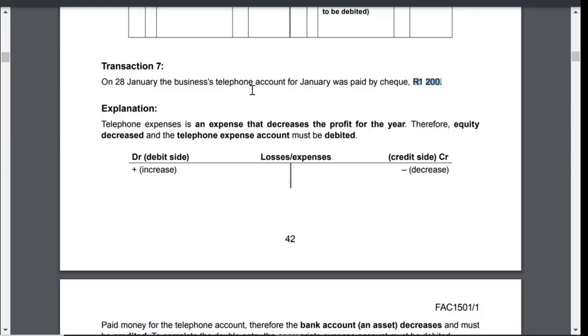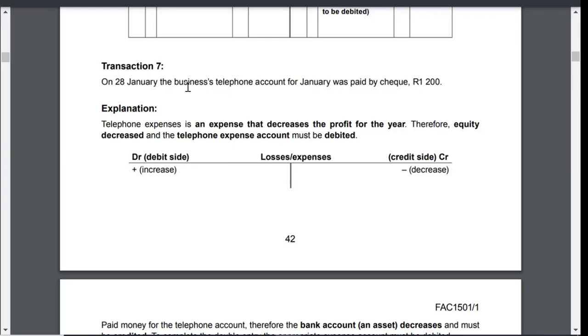And then this is the business account, and then what is this? This is the part where I didn't understand one of the questions, to be honest. A telephone account would be paid obviously with the money that we're taking out of the bank. Yes. But I don't know where it belongs in the equation.